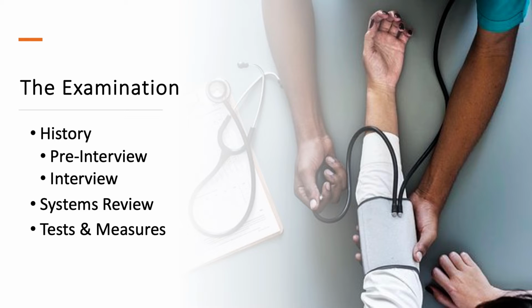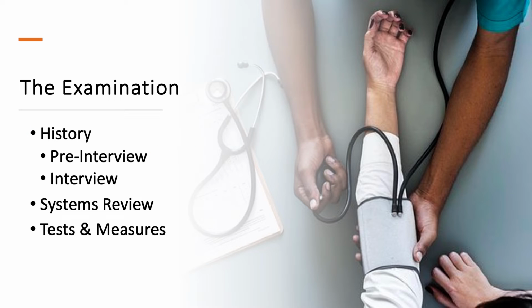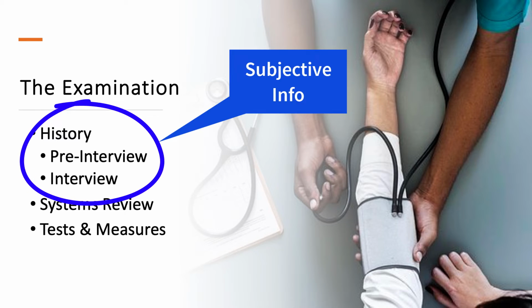So now jumping back to that patient management model, the first step in it is the examination. We teach that the examination consists of the history, which involves pre-interview tasks like chart review, looking at intake forms and possibly communicating with the referring provider, and then the interview. We teach them that this is subjective information and should go in the subjective portion of the note.